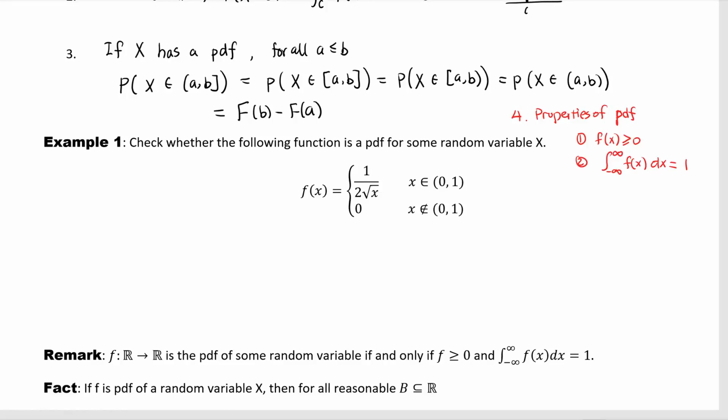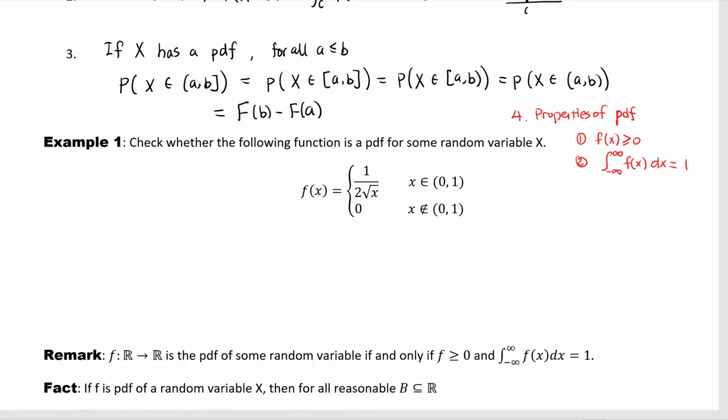So let's look at example 1. Check whether the following function is a PDF for some random variable X. What does it look like? When x is not from 0 to 1, the function is 0.